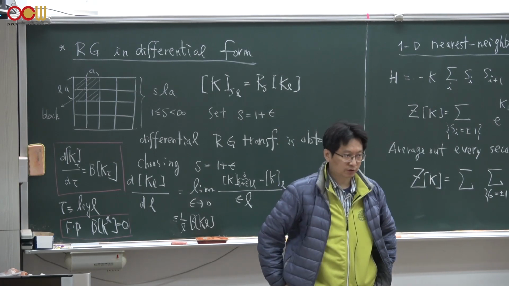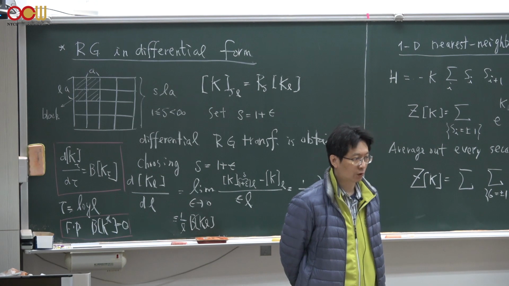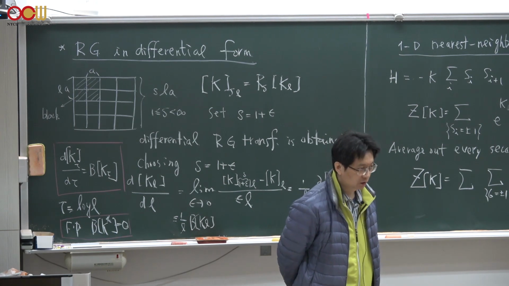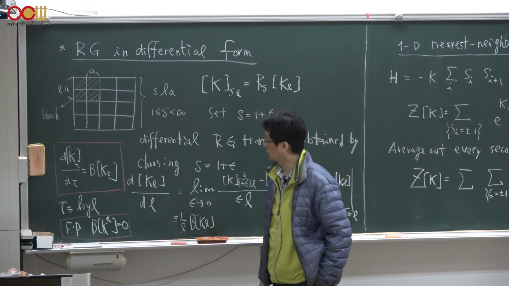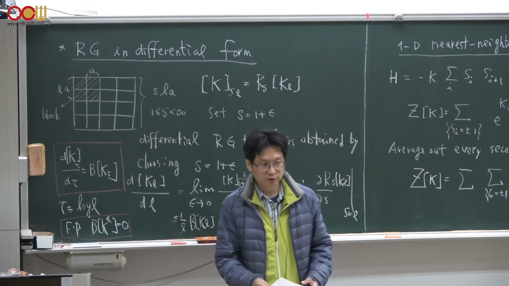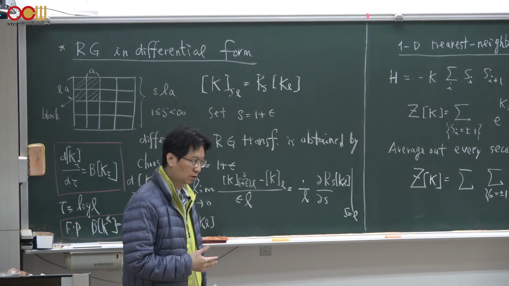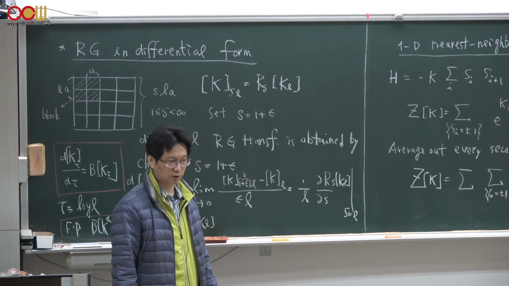So we're about to illustrate this RG procedure from a very simple one-dimensional Ising model, but before we go on, let me just define this RG transformation in a differential form, which is very useful when we perform RG analysis in almost all these model calculations.